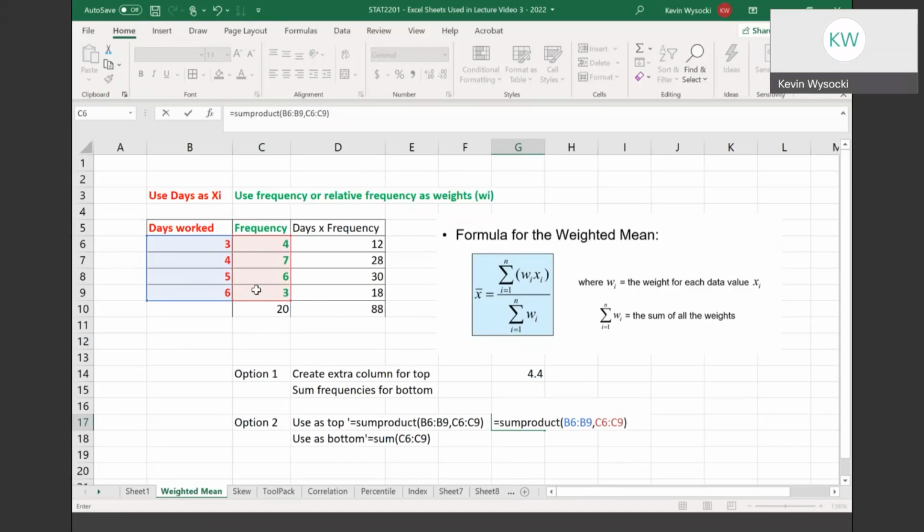We want to divide that by the total number of the frequency. So that's divided by, I could just go to this number here at the bottom because we calculated it, but I'm going to use sum.